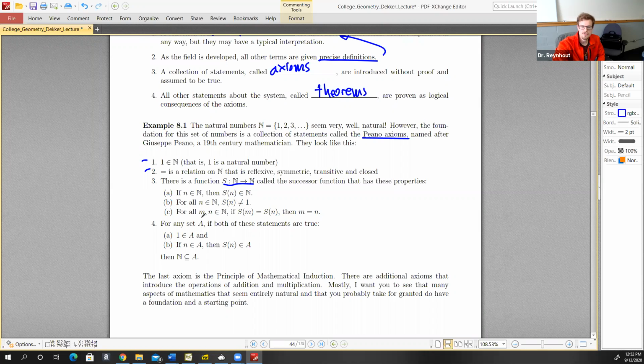And then if two natural numbers have equal evaluations, then those two natural numbers must be equal. So this is saying that it is a 1-to-1 function.